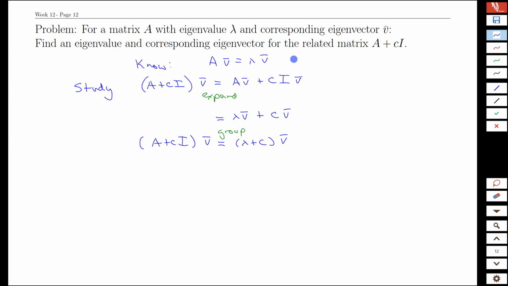So what's important here is not necessarily the relationship we're finding at the end. It's the process of starting with the known fact and using it to study something else of interest. Because what we just found is that we have a new matrix here, but we've shown that when we multiply that new matrix by v, we get, lo and behold, v again, but with a new scaling factor.